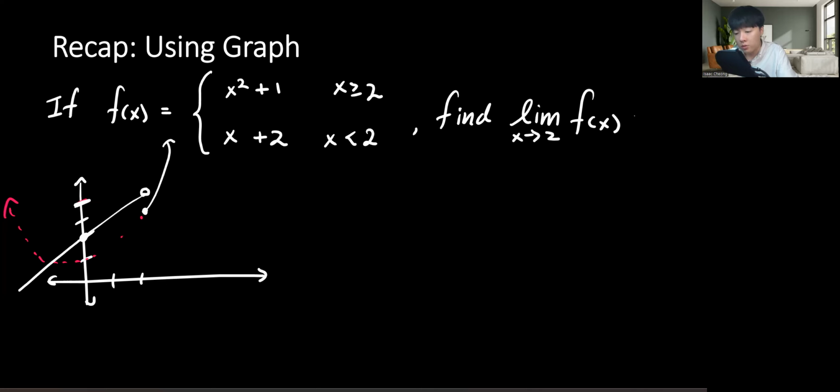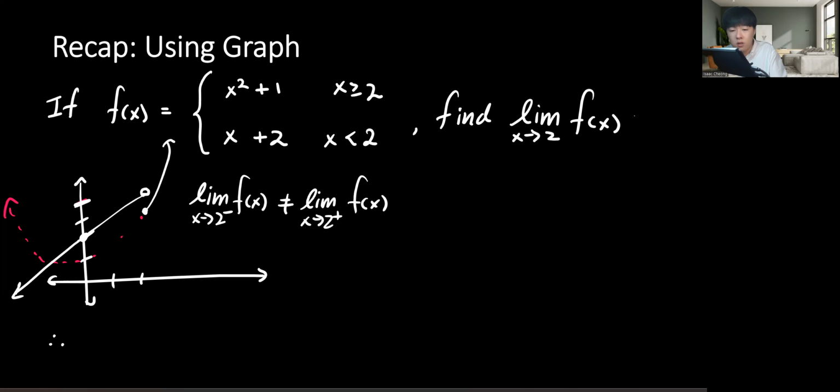So the graph looks like this. Without actually doing any algebra, with the graphing, we can definitely know that the left limit and the right limit are not equal to each other at x equals 2.